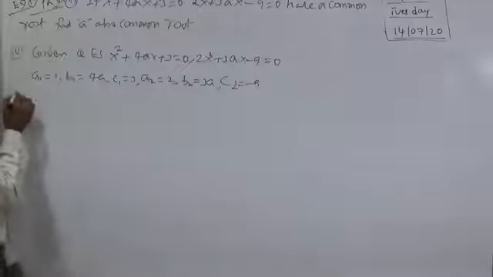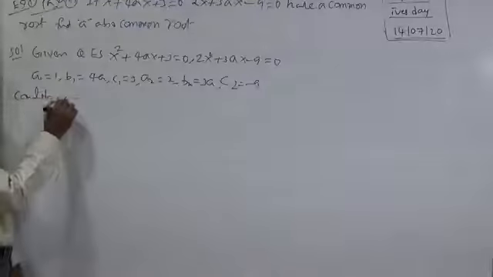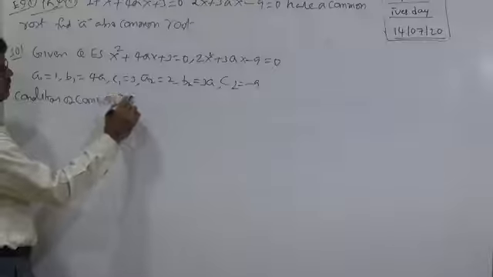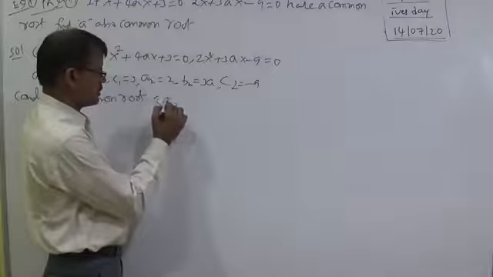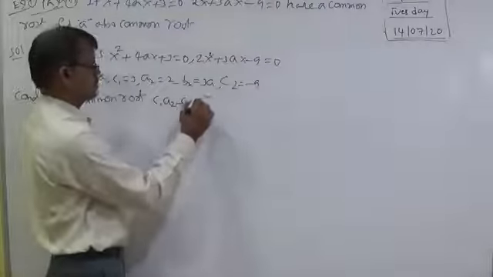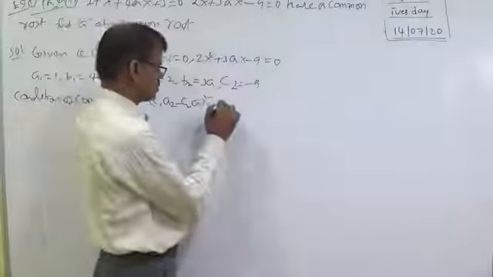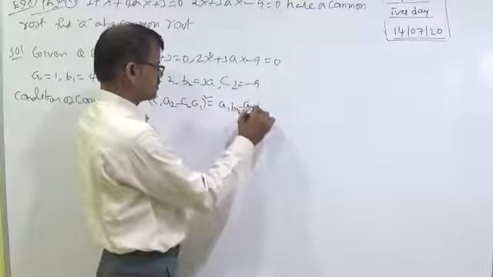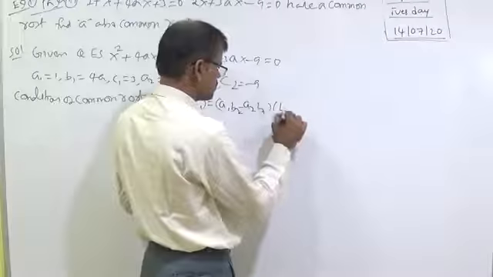Now, the condition of a common root, the formula we just learnt: (c1a2 minus c2a1) whole square equals (a1b2 minus a2b1) into (b1c2 minus b2c1).